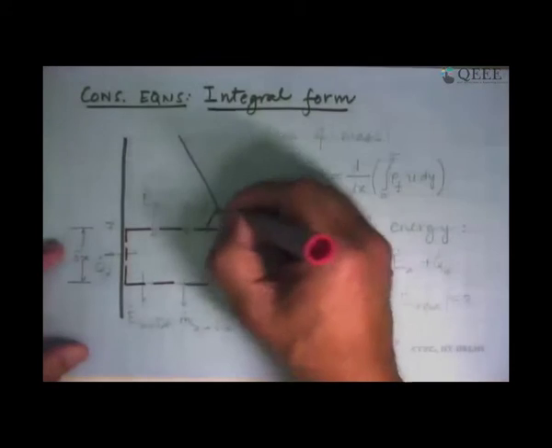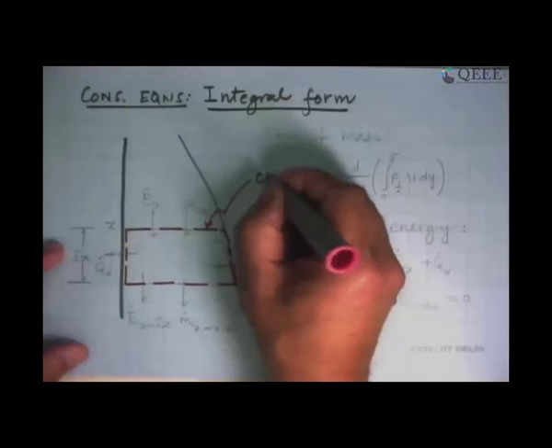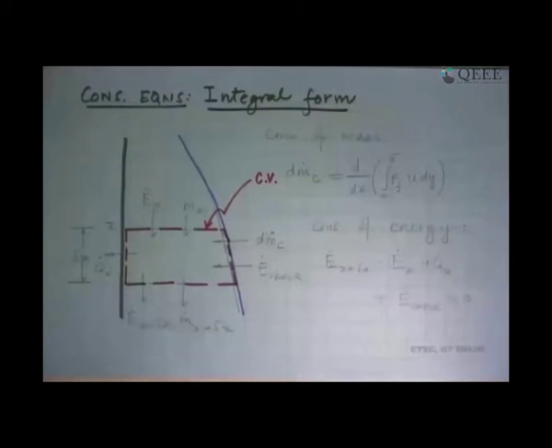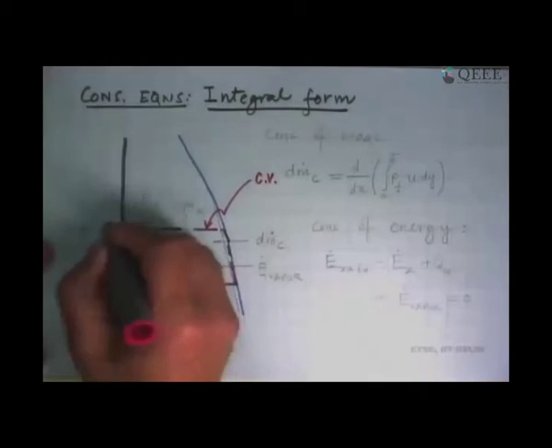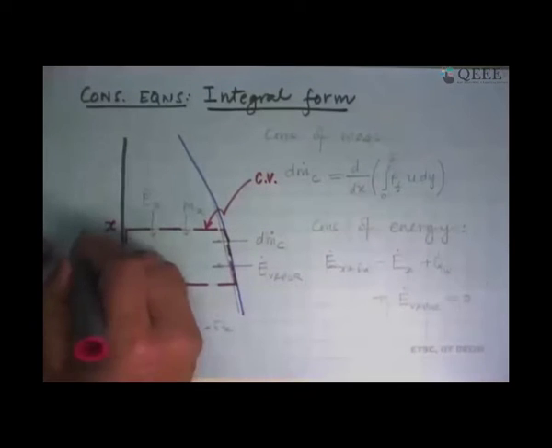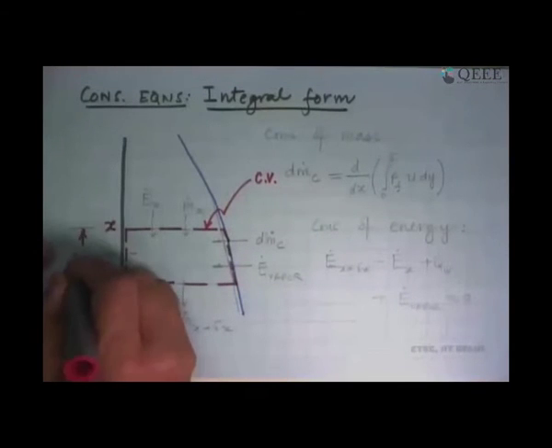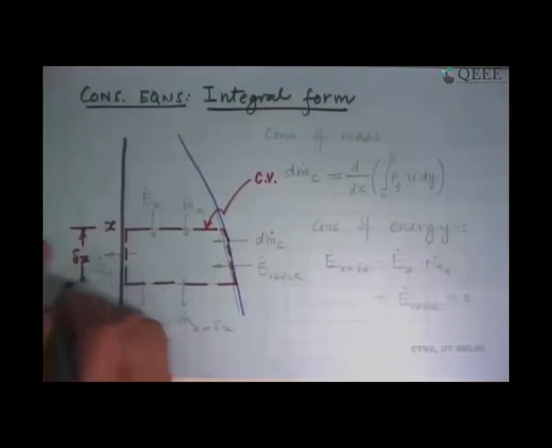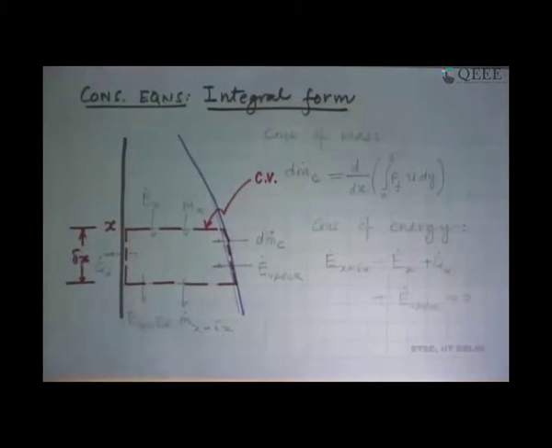So that's our control volume, and down here it is at some point x, and the thickness of this element is delta x. And we'll write down the conservation of mass and energy equations for this, and some interesting terms will come out which will help us in the answers to the questions that we have posed.